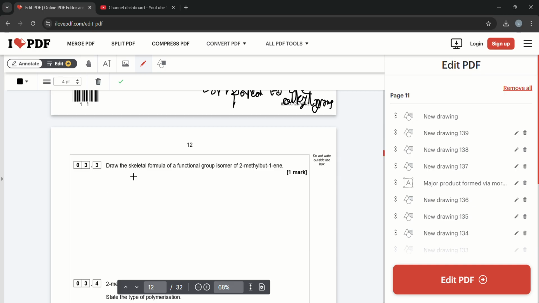Question 3.3, draw the skeletal formula of a functional group isomer of 2-methylbutene. Functional group isomer. So we're going to change the functional group, right? So it's going to be a cyclic structure. 2-methylbutene, well, it's got a methyl, but, so methane, ethane, propane, butane.